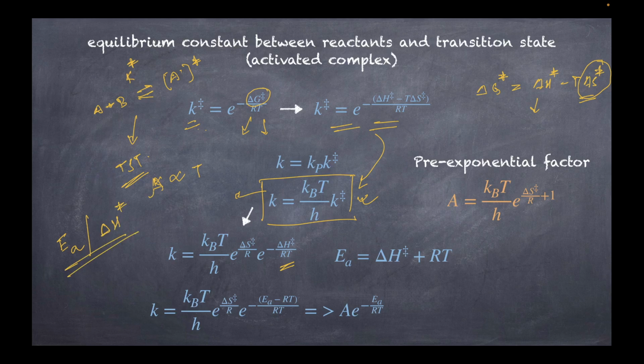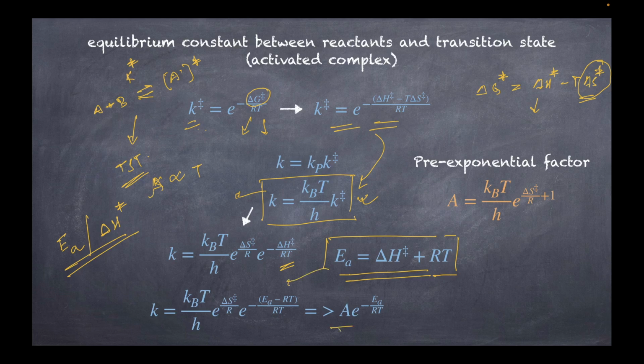This relationship is EA equals delta H double dagger plus RT. This is an important relation. I will derive it later. So delta H double dagger will be equal to EA minus RT.